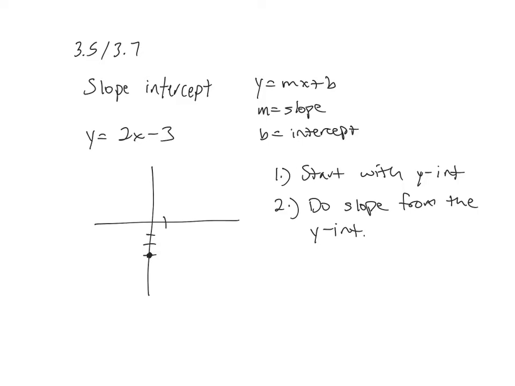Because the slope is a whole number, we're going to put 2 over 1. And remember, slope is y over x. So change in the y direction would be up 2, and then change in the x direction would be plus 1. And that's our other point that we're going to use.